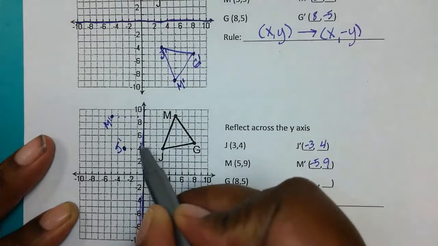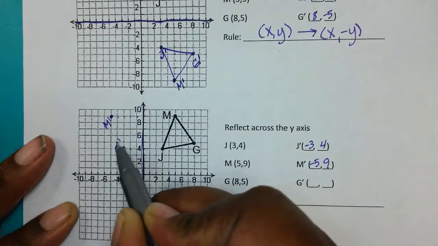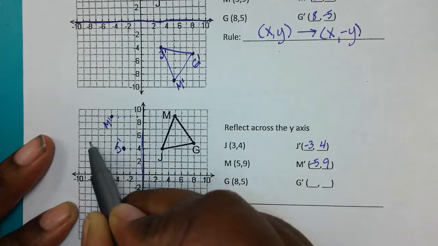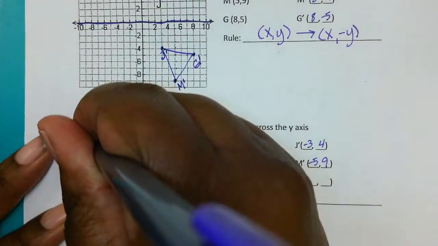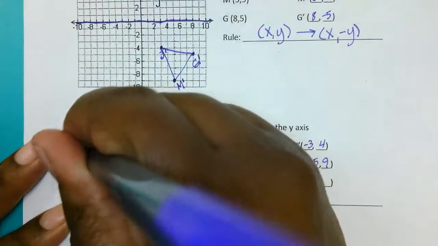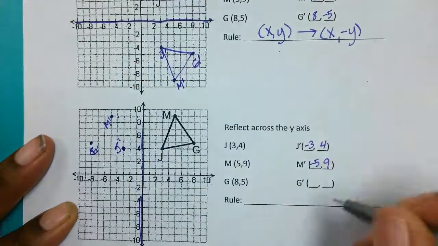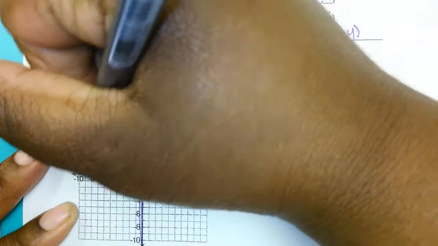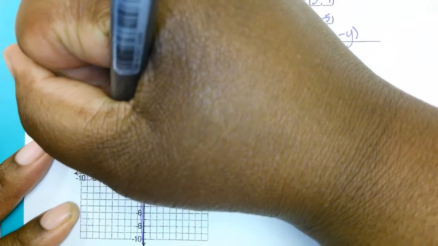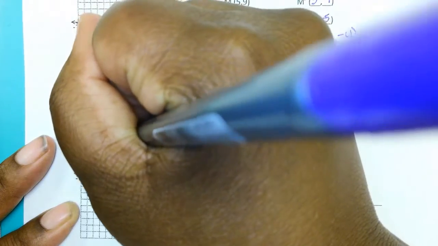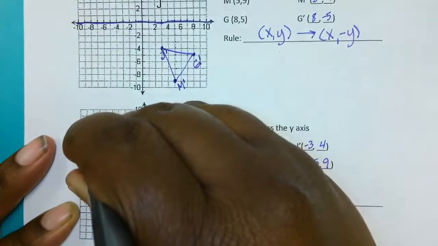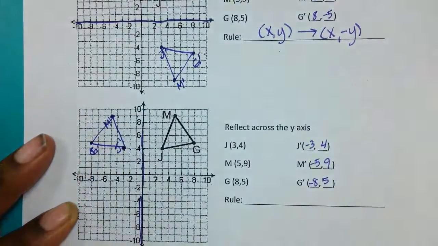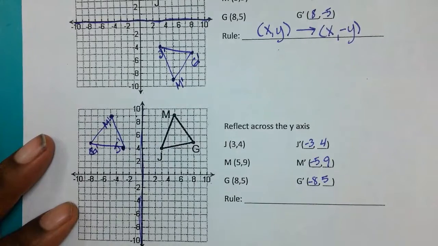So now I go 1, 2, 3, 4, 5, 6, 7, 8 to the left. And that's going to be G prime, at -8, +5. Connect them. And that's a reflection across the y-axis.